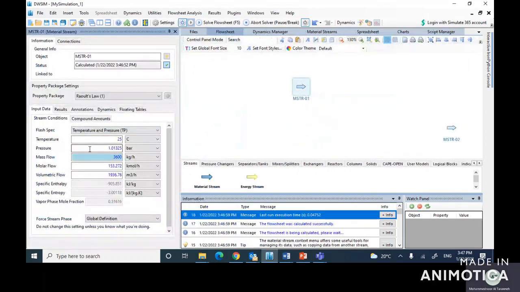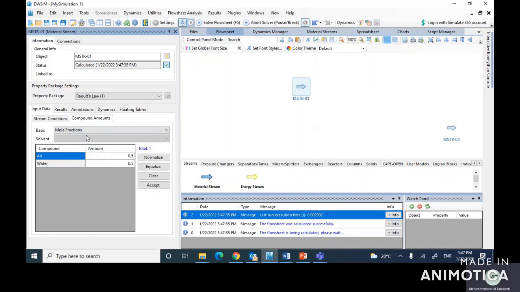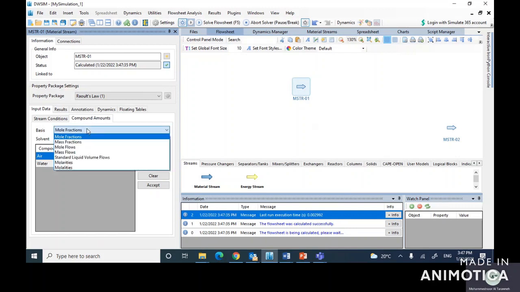In the stream conditions, the inlet temperature for the cold stream is 25. I was not given any information on the pressure, so let's assume it's 1. The mass flow rate was 200 kilogram per hour. Next, go to the compounds amount, where we have the mole fraction or the mass fraction.